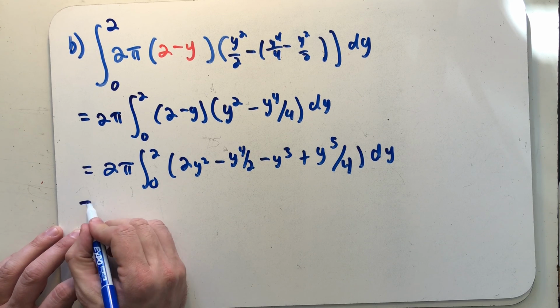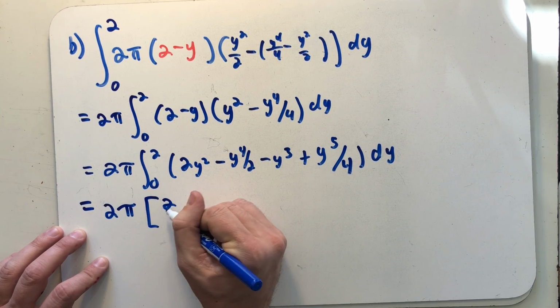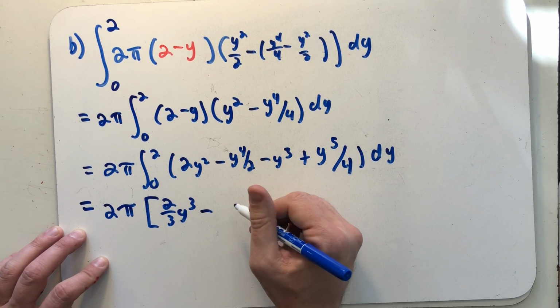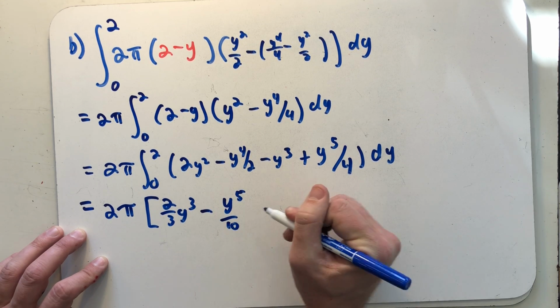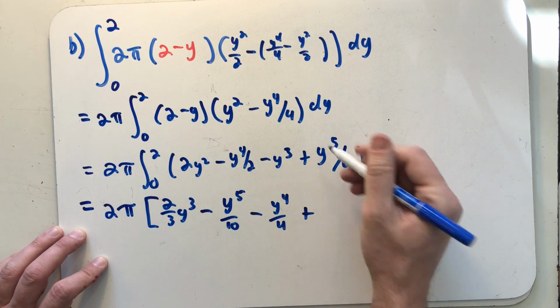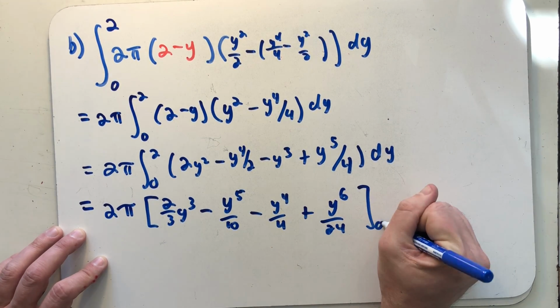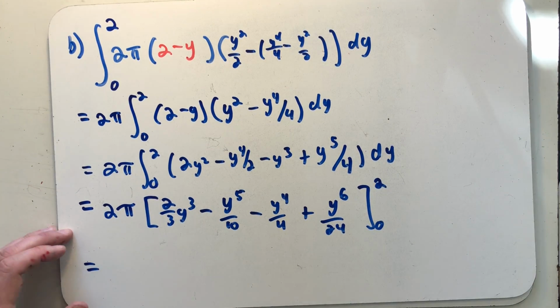We're ready to find our antiderivative. Let's see, 2/3 y cubed minus y to the 5th over 10 minus y to the 4th over 4. And this one's going to be plus y to the 6th over 24, evaluated from 0 to 2. So we need to plug a 2 into all of these places and see what happens.